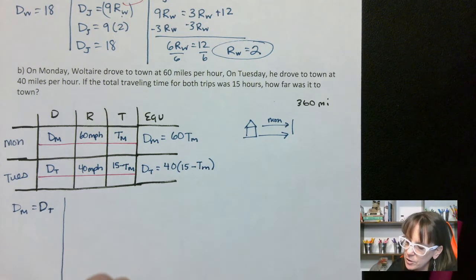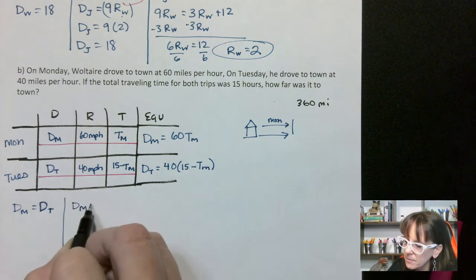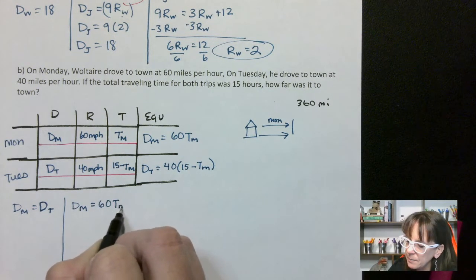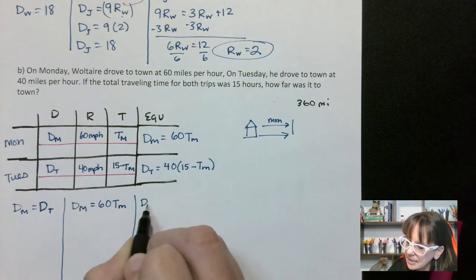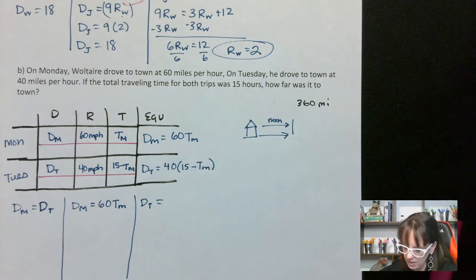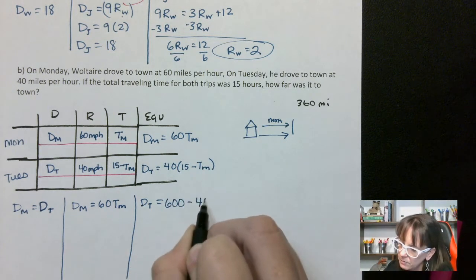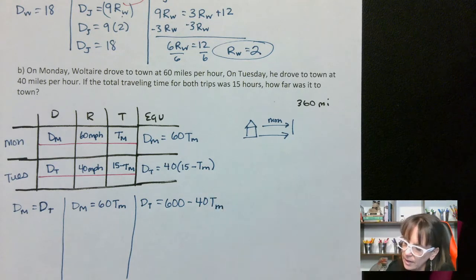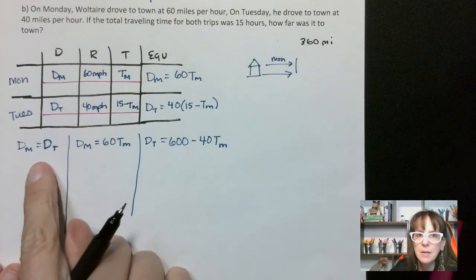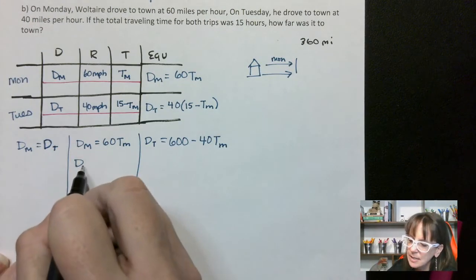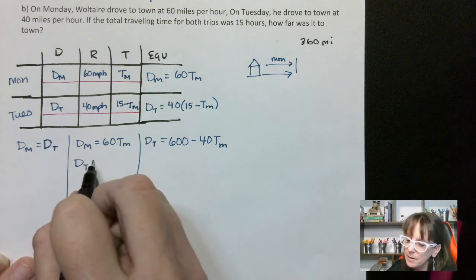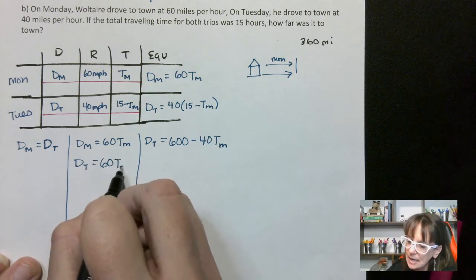Okay, so we have some equations here that we can write down. dm equals 60 tm. dt equals 40 times 15, 600, minus 40 tm. Now that we know this, dm is the same as dt. So let's write this: dt, I'm just substituting it in for dm, equals 60 tm.